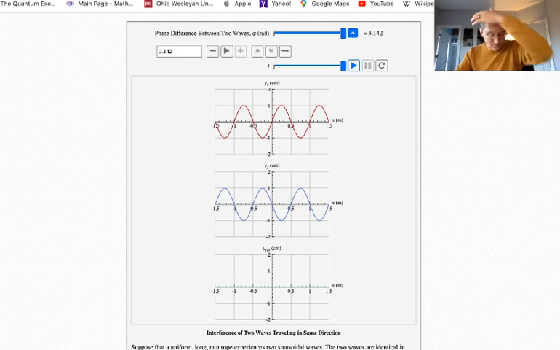Okay. Now, let's just note something else. When will I get fully destructive interference? Well, we saw when phi over 2 is pi over 2, it would also work for negative pi over 2. It will also work when phi over 2 is plus or minus 3 pi over 2, plus or minus 5 pi over 2, dot dot dot.